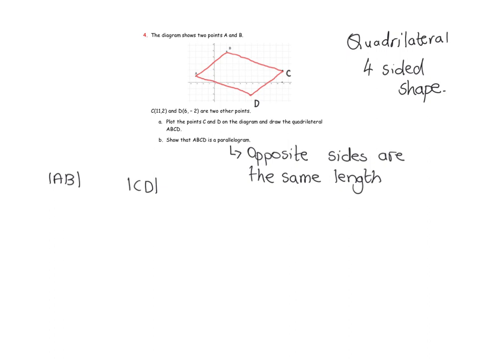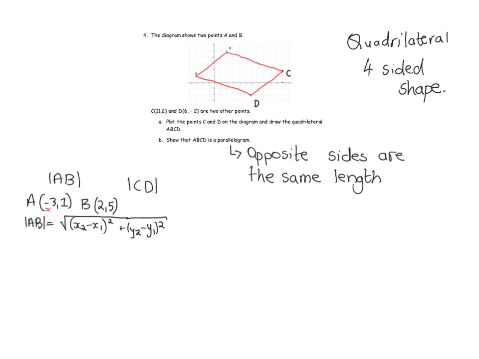So first of all, with AB, we know that A is -3, 1, and B is 2, 5. To get the length of AB, we're going to use the formula which is on page 18, and that's x2 minus x1 squared plus y2 minus y1 squared. Again, we are always writing the points and writing out the formula. I'm going to maybe do it in a different color pen so we don't get confused.